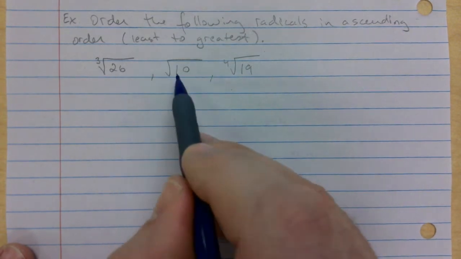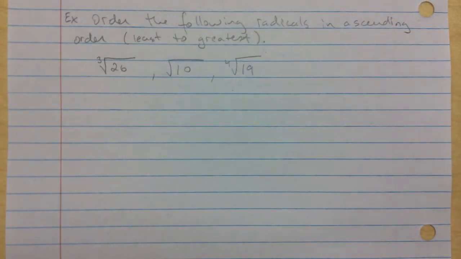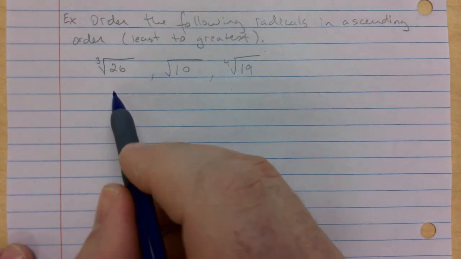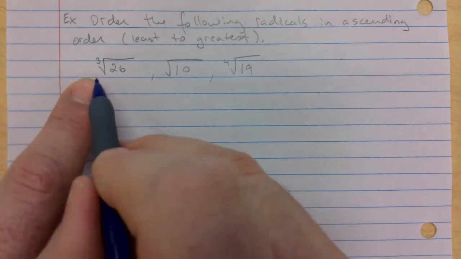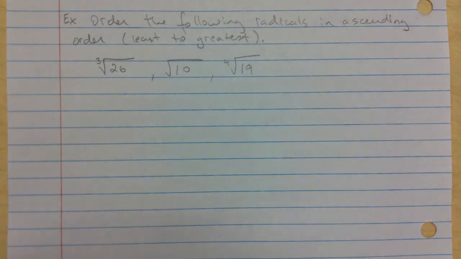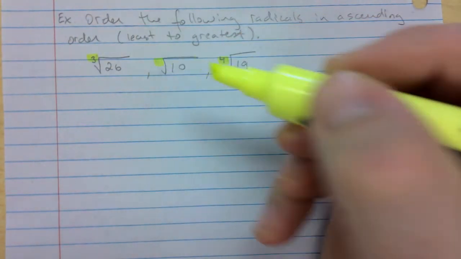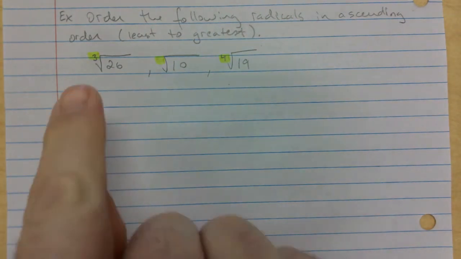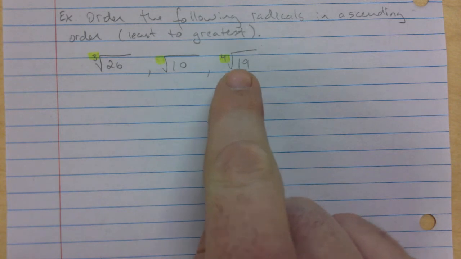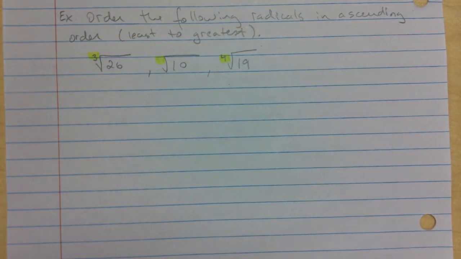Well, you take each one of them individually, and we're going to use that estimation method that I just showed you, right? And for each one of them, you're looking at the index, okay? So for each one of them, you're going to be like, okay, this is a cube root, fourth root, and this is a square root, right? So perfect cubes, perfect squares, perfect fourths, right? That's what you're going to be looking at, okay?